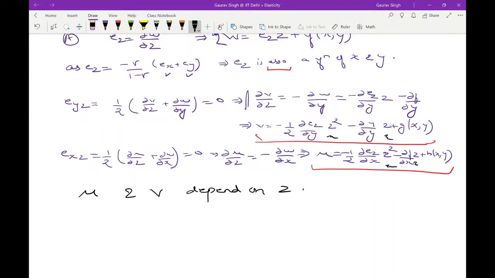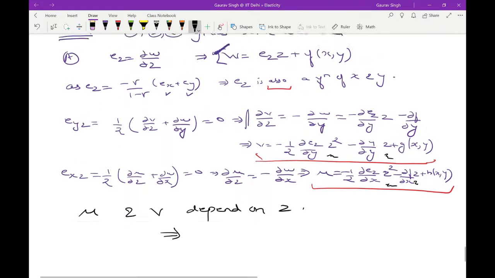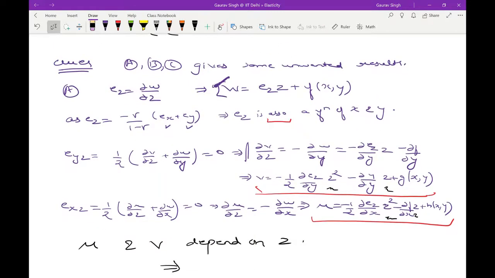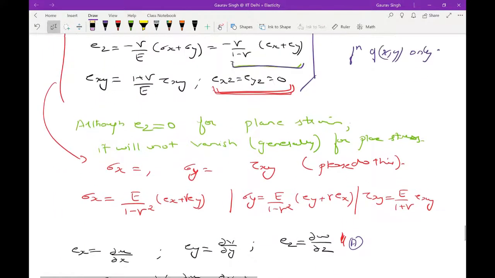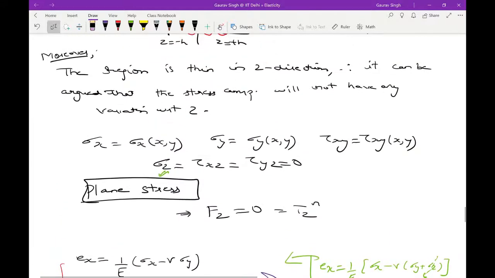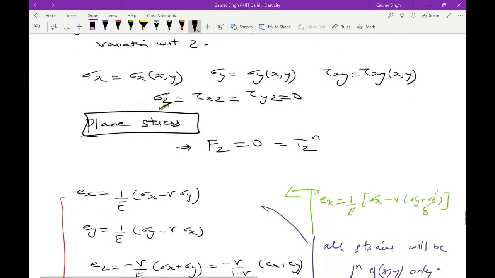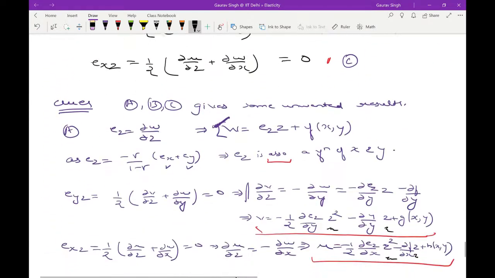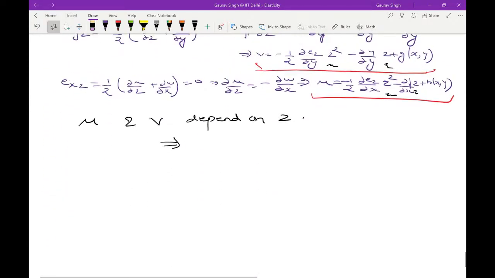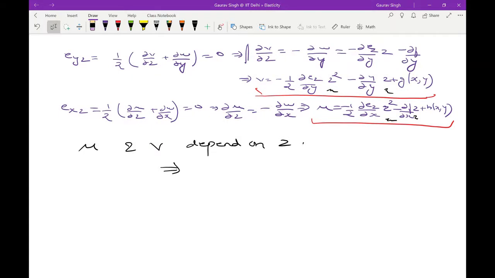So clearly u and v depend on z. And until this point it has not violated any theory, because you never assumed that u and v were a function of x and y. In this theory you just assumed that the stresses were a function of x and y. So there is nothing mathematically wrong with what you have done until now. But you have found that u and v actually depend on z.